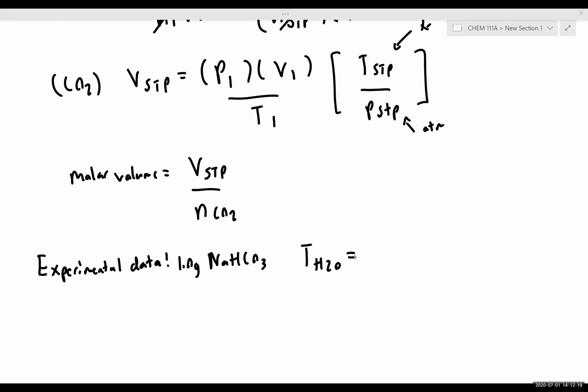You'll have to check your data from the recording or the data that you wrote down in your lab manual. So what was the temperature of our water sample? 17.8 degrees Celsius.